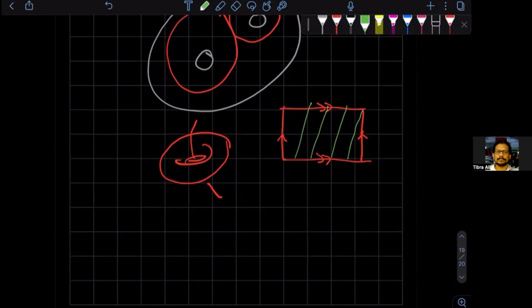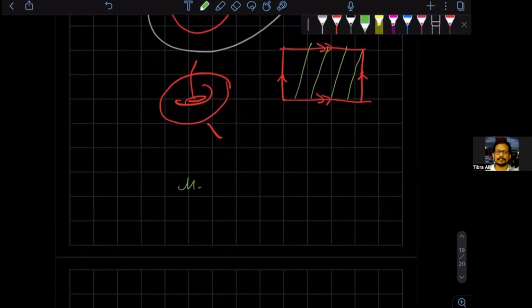The thing is that if two spaces have the same topological invariant, suppose you have two spaces, say M1 and M2, and they have some topological invariant, say T1, and suppose they're the same. That does not mean that M1 and M2 are topologically equivalent.